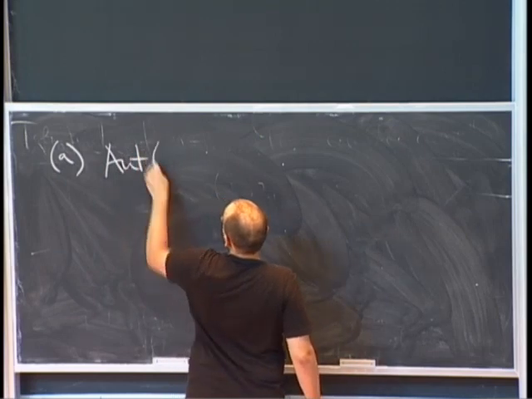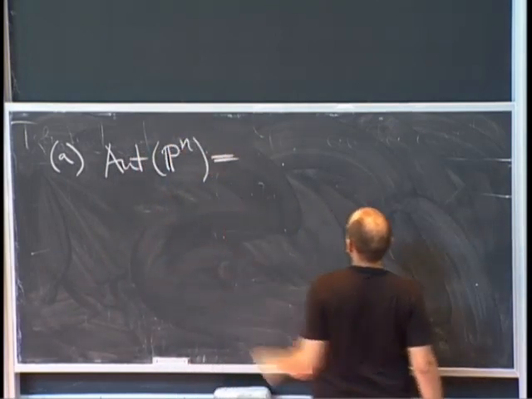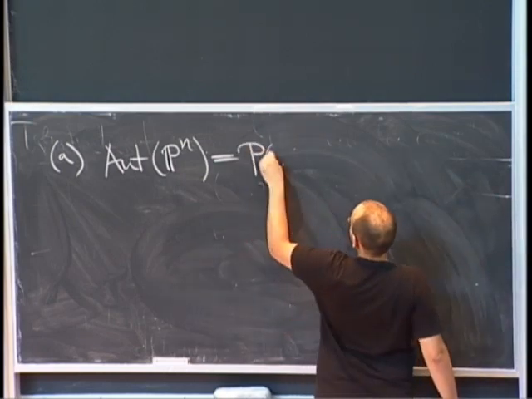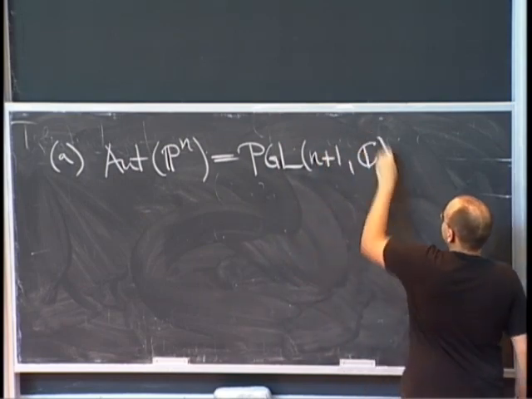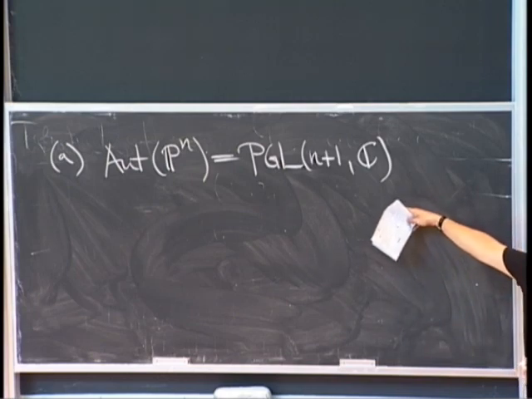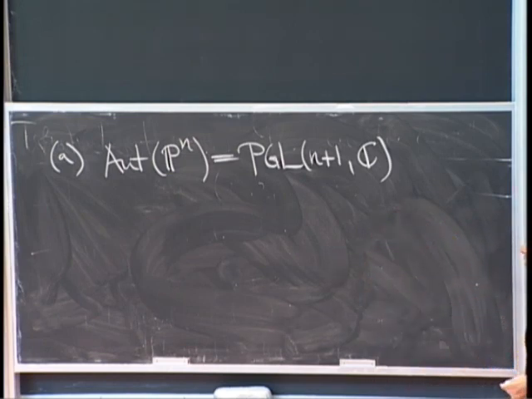So the automorphism group of Pn, pretty much the same as for the Riemann sphere, you can show that this is PGL n plus 1 C. So it's the maps that are induced by linear maps of the n plus 1 dimensional affine space. And every element of PGL n plus 1 C has fixed points on projective space. So a group like this, a finite subgroup, can never act freely.